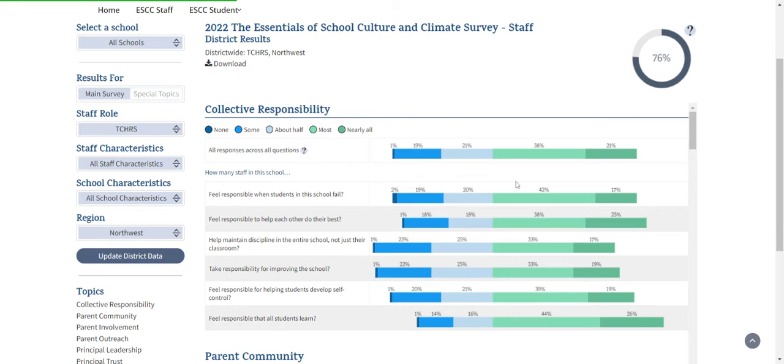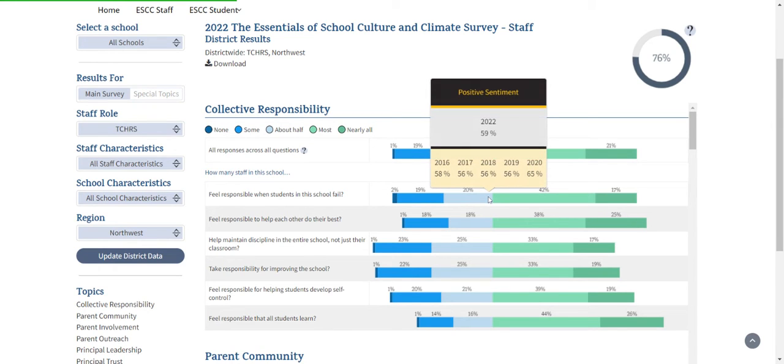So these percentages show you what percentage of teachers in the Northwest region felt that nearly all staff in their school feel responsible when students in the school fail, that most do, about half do, some do, and none do.